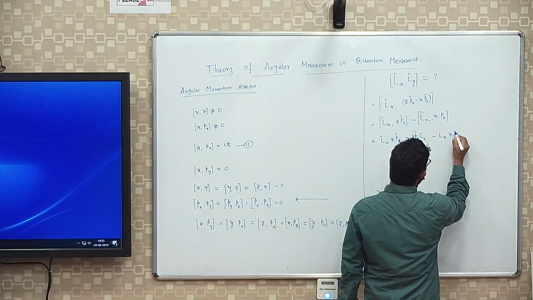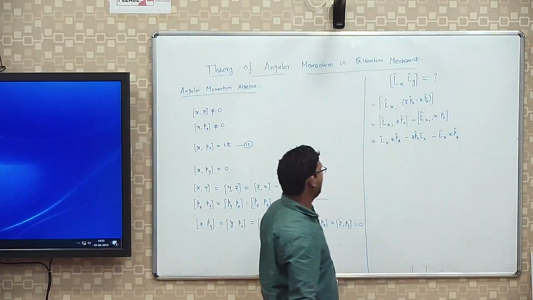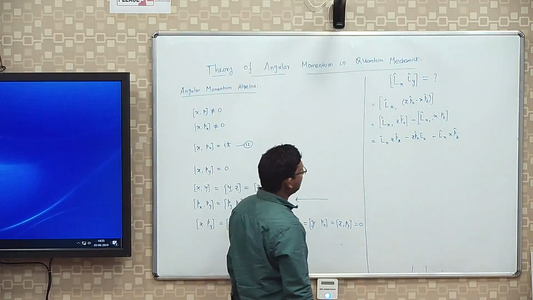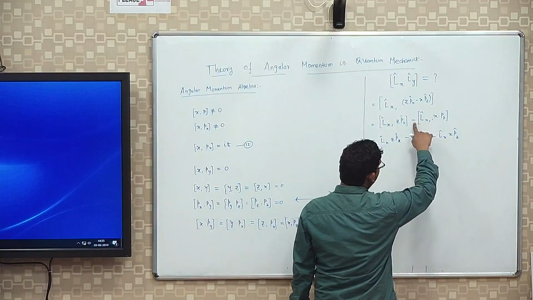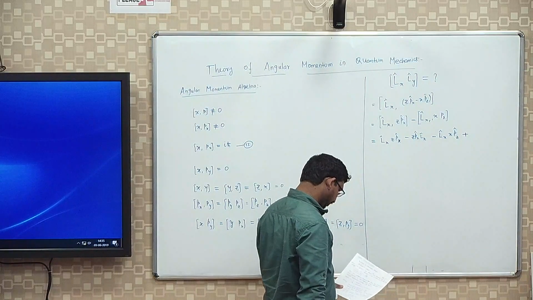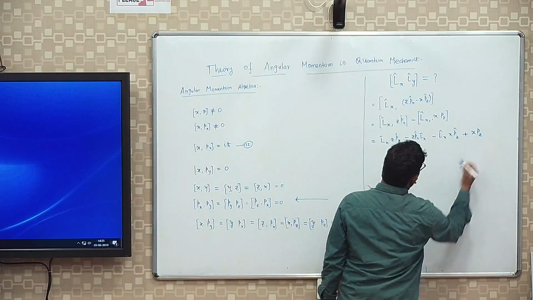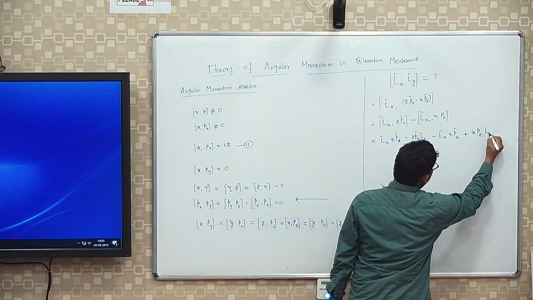Lx x Pz, then one negative sign will come. If you multiply with this negative sign, it will become a positive sign. So x Pz and Lx.